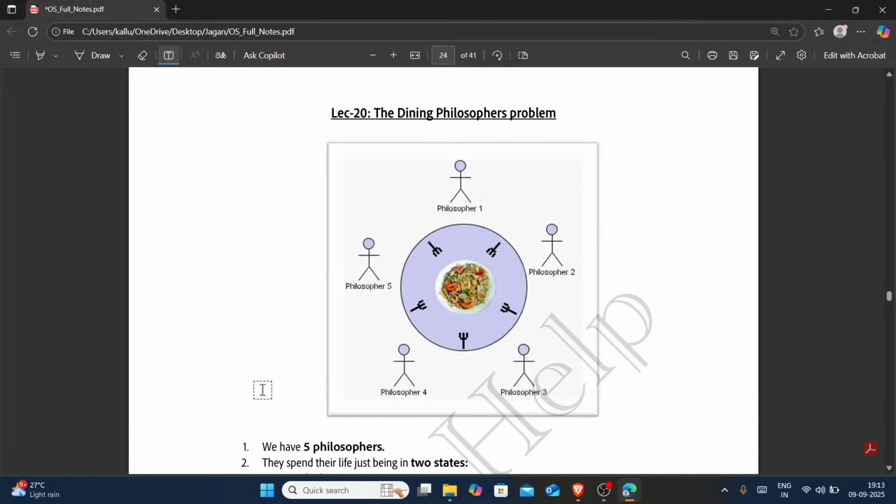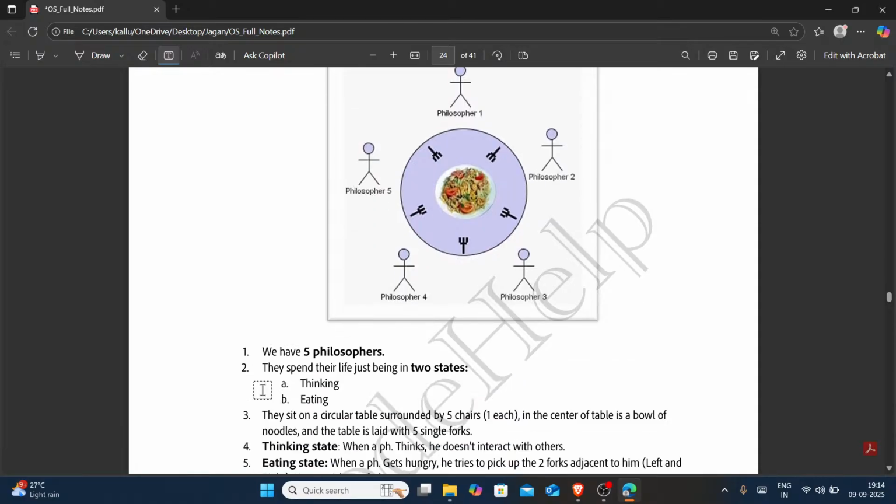What we can do is we pick forks or spoons only when both of the spoons are available. The philosophers spend their life just thinking.